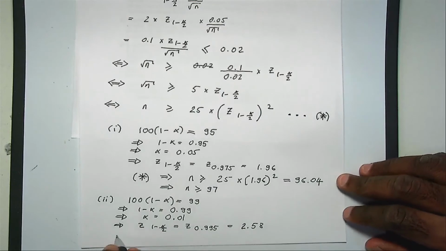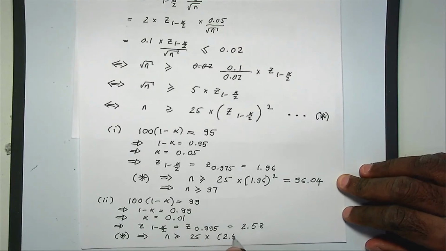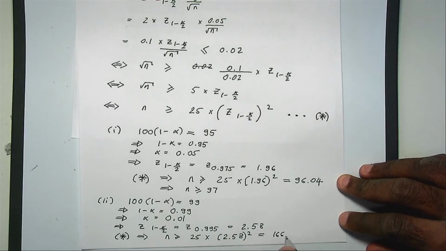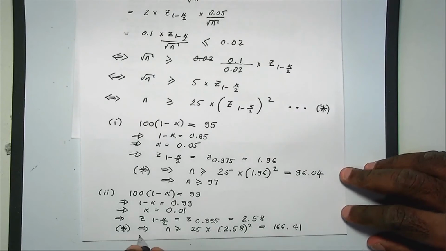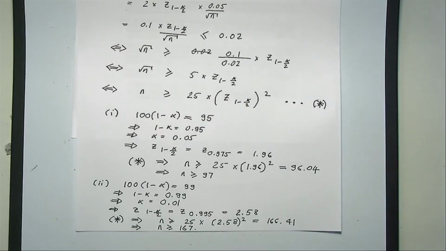So the star will become n greater than or equal to 25 times 2.58 squared, and this is equal to 166.41. So therefore the minimum sample size should be 167. Alright, so this completes question 5.